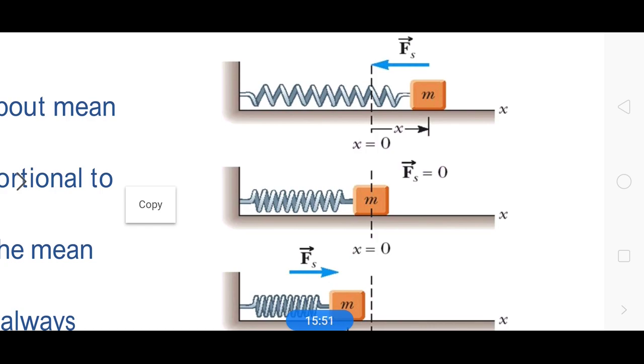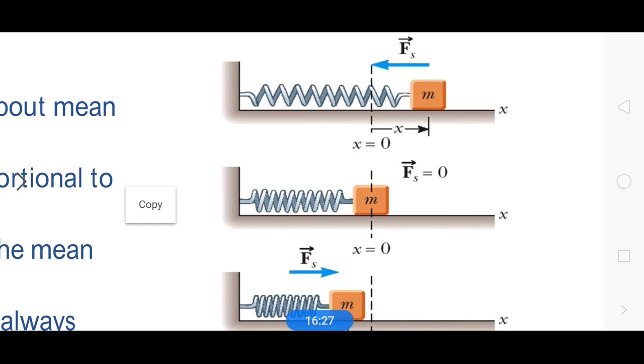When we apply the force on the body, the spring will be compressed and elongated continuously. Means the spring makes to and fro motion, repeating at regular intervals of time. So it is periodic motion.